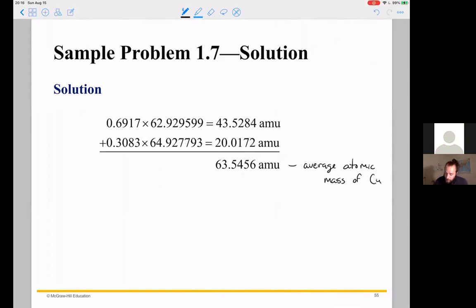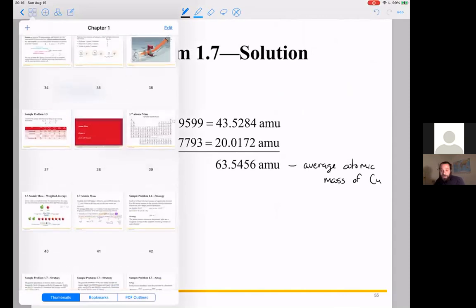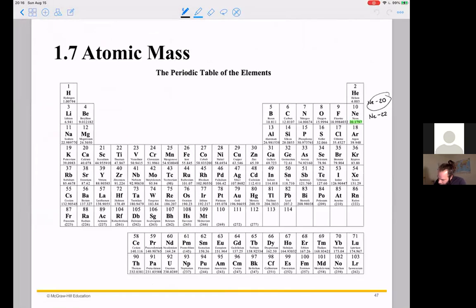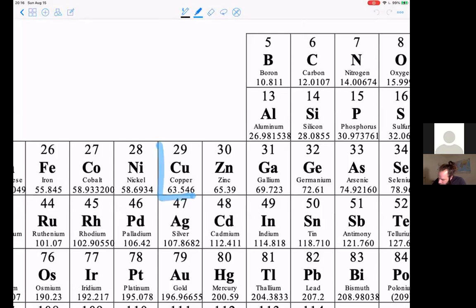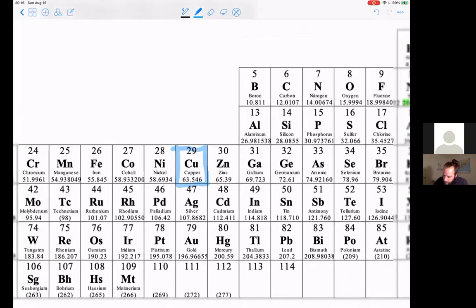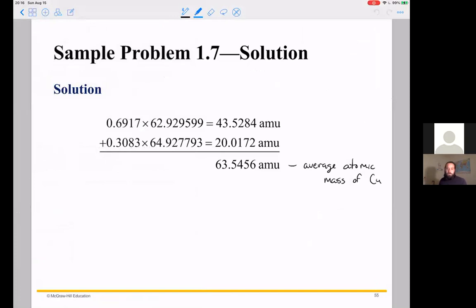Okay, and we can actually check if we have a periodic table, because this number should match at least really, really closely with what's given on the periodic table for copper. And indeed, 63.546, right? So that's pretty close to what we got, 63.546. So the only difference is where they rounded.